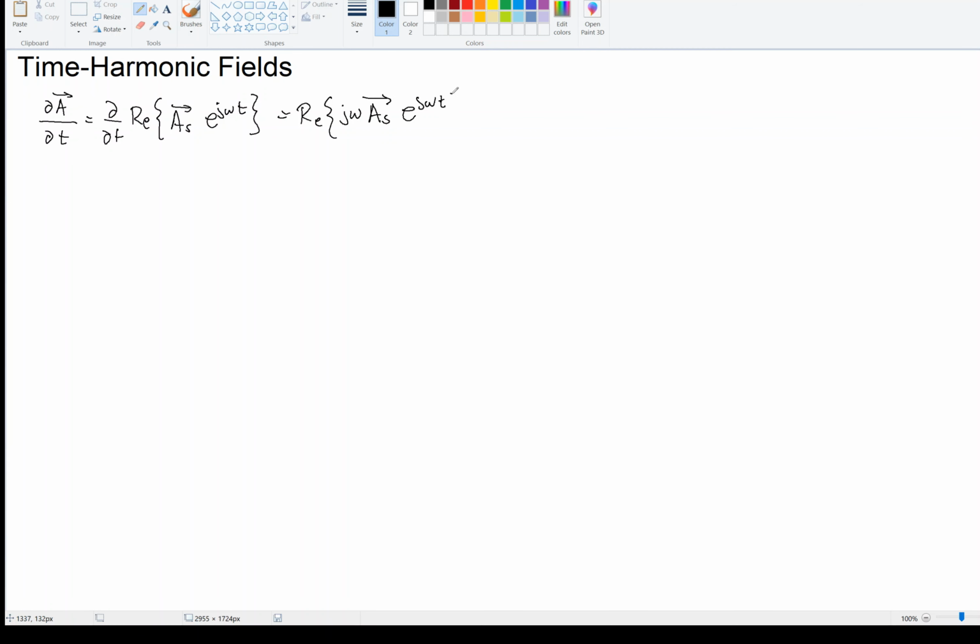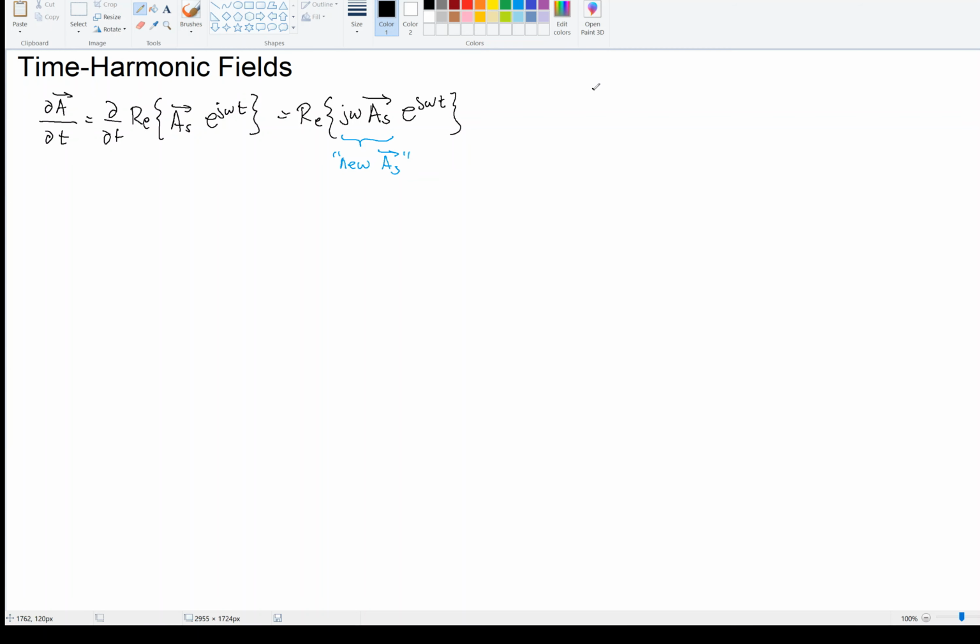I get the same thing, but multiplied by j omega, so it's like this is the new phasor. I'll speak loosely here and write this as the new A sub s. It's the old A sub s multiplied by j omega, and remember A sub s is time independent.